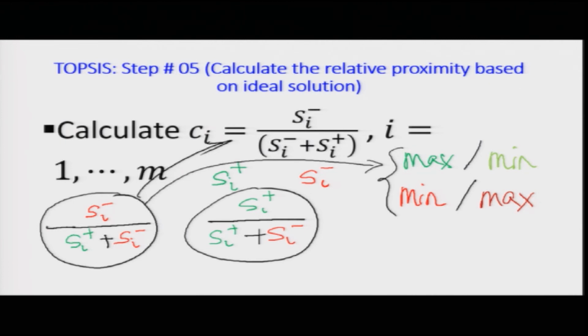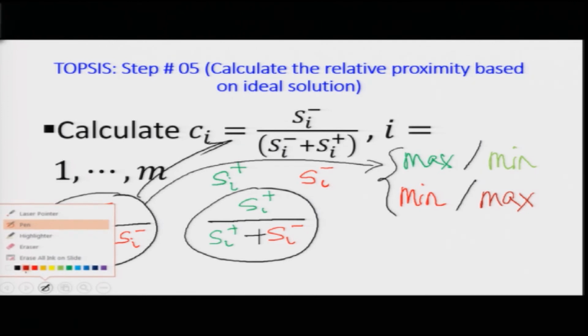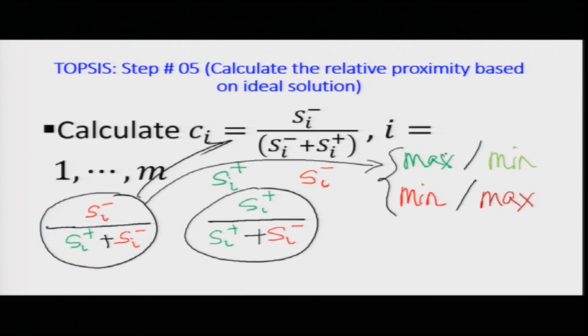If you find out technically, you will basically have one set of Si minus divided by Si plus Si minus for the first comparison, max min with color dark green and blood red.